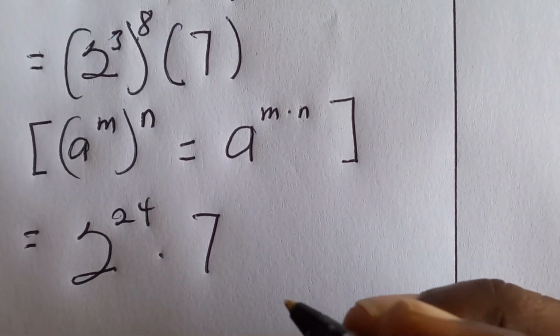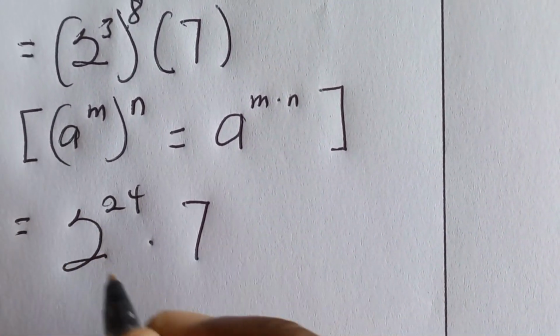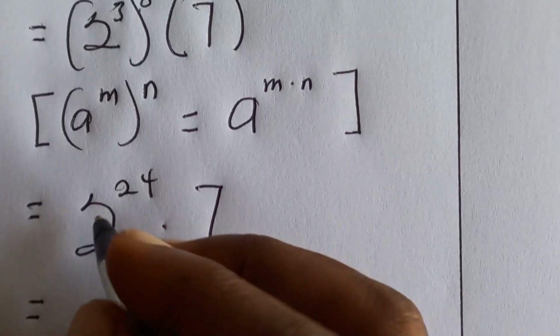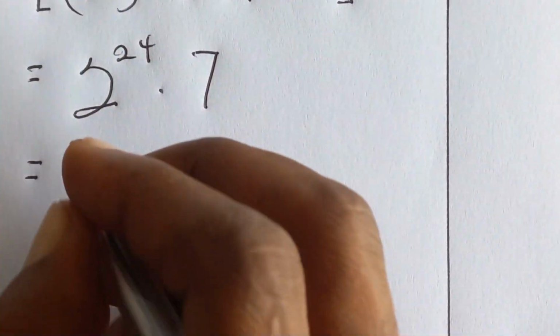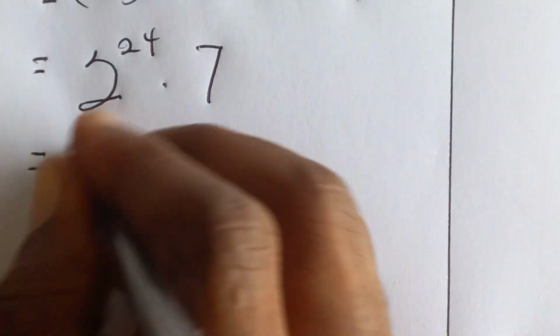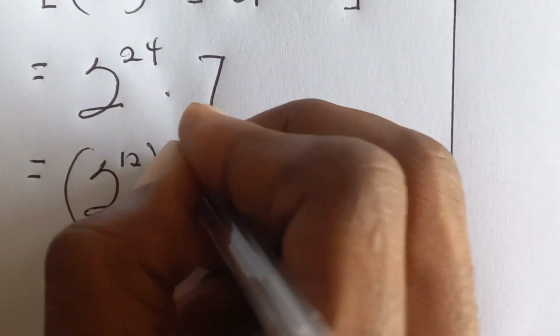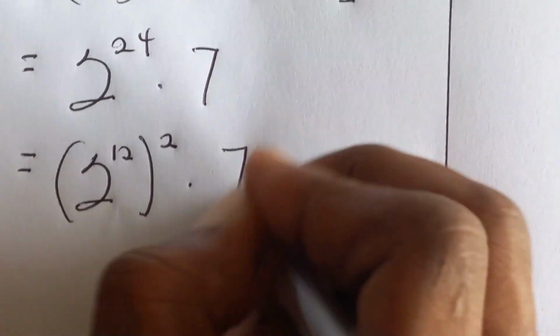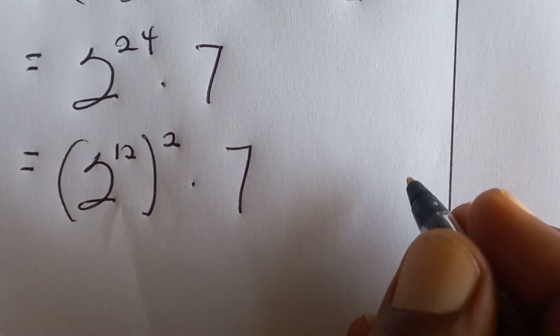And then we can express this 24 as 2 exponent 12 in bracket exponent 2, which is the same as 2 exponent 24.